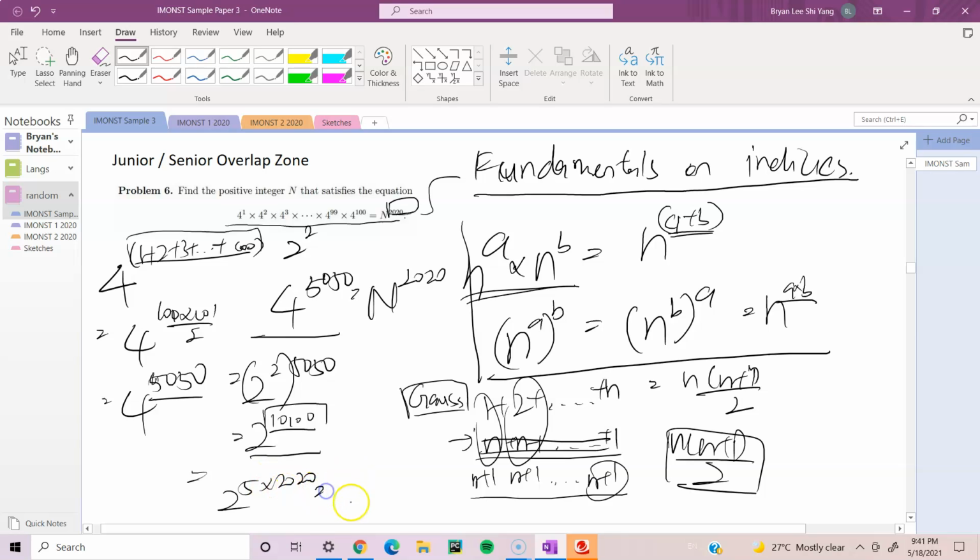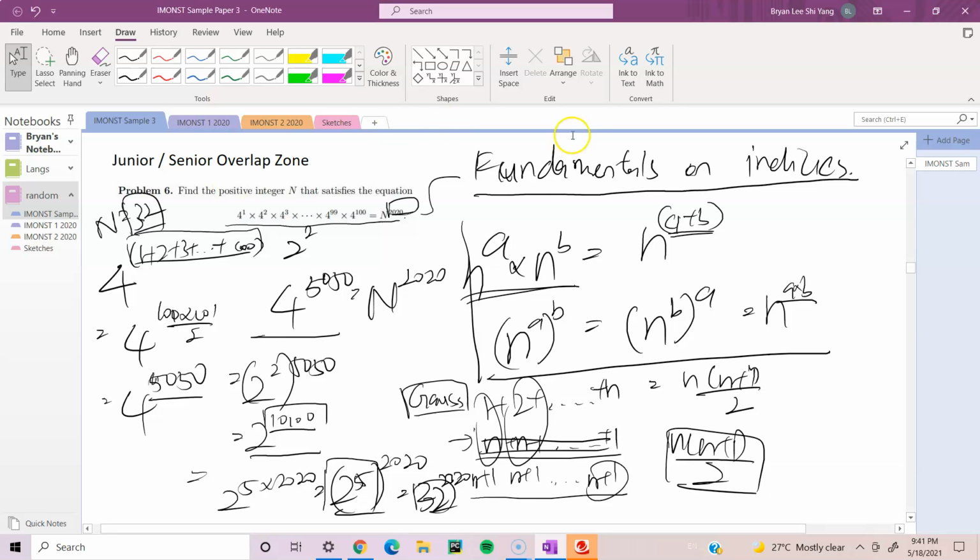So it is 2 to the power of 5, to the power of 2020. What we need to do in the end is find 2 to the power of 5, which is 2 multiplied by itself 5 times, equal to 32, so 32 to the power of 2020. So our positive integer n here would be 32, as you might expect.